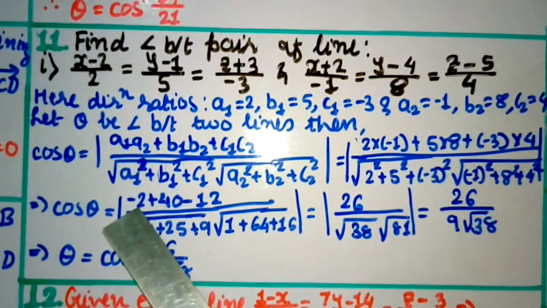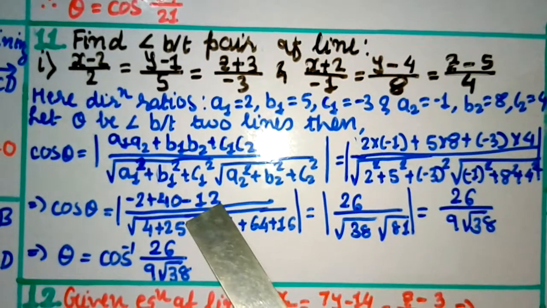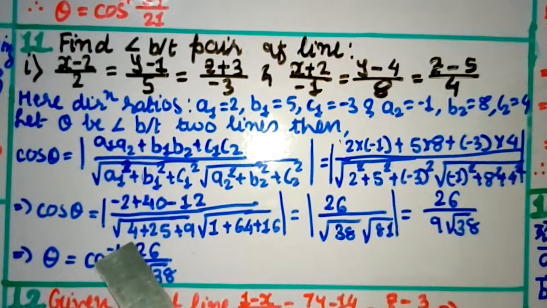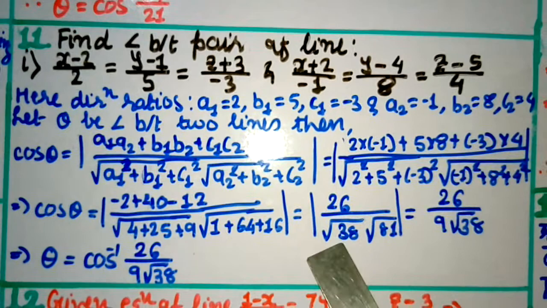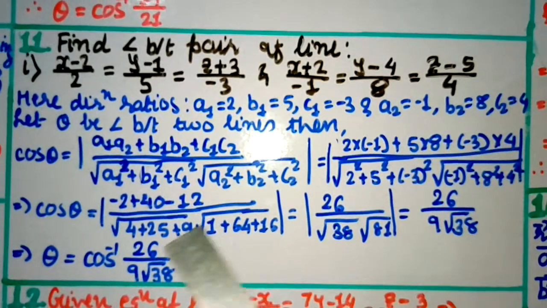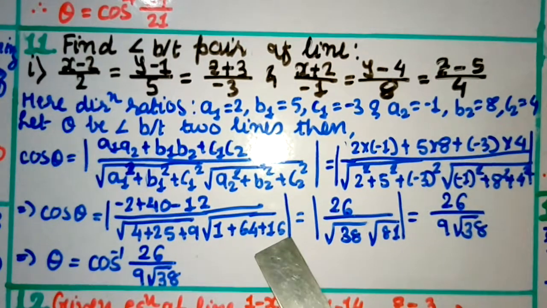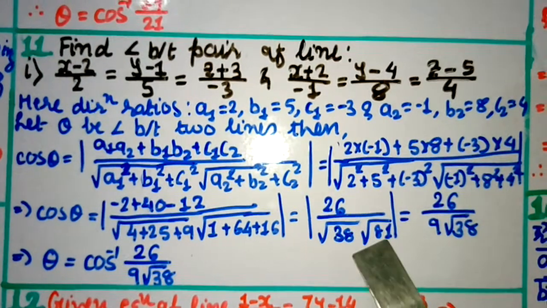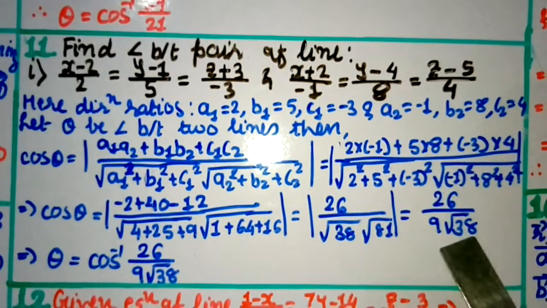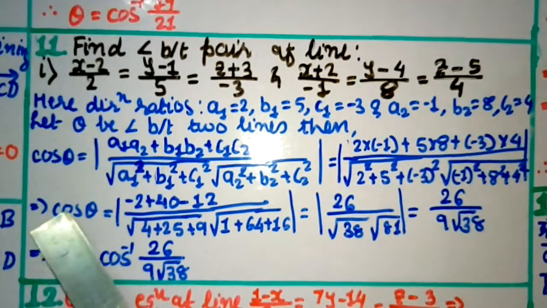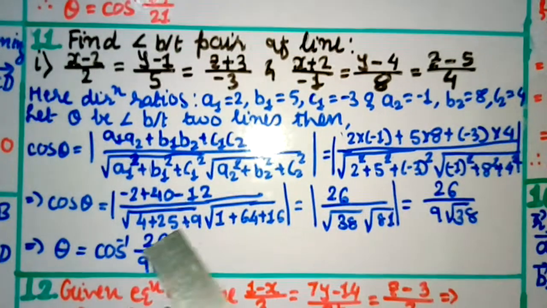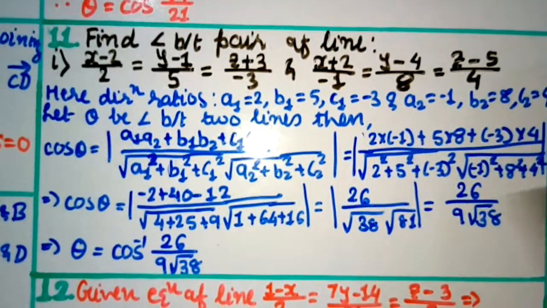That equals minus 2 plus 40 minus 12, and the total is 26, divided by square root of 4 plus 25 plus 9 which is 38, and square root of 1 plus 64 plus 16 which is square root of 81, that is 9. So it is 26 divided by 9 square root of 38. Now if you transfer cos over here, you get theta equal to cos inverse of 26 by 9 into square root of 38.